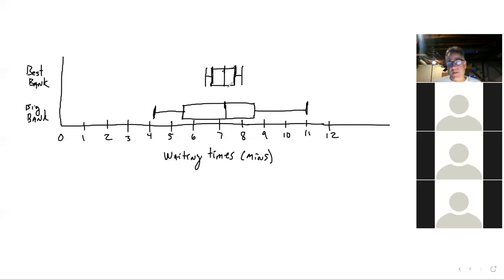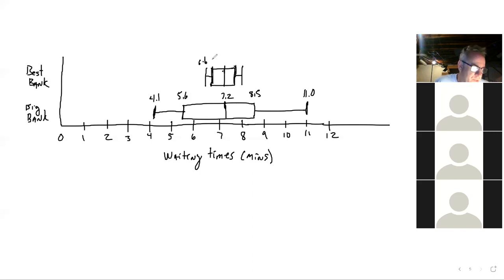Now, visually, it's really obvious which one has more variation. And typically, we would put these values in: 4.1 and 5.6 and 7.2, 8.5, and 11.0. And then I would do the same here, as neatly as I can.